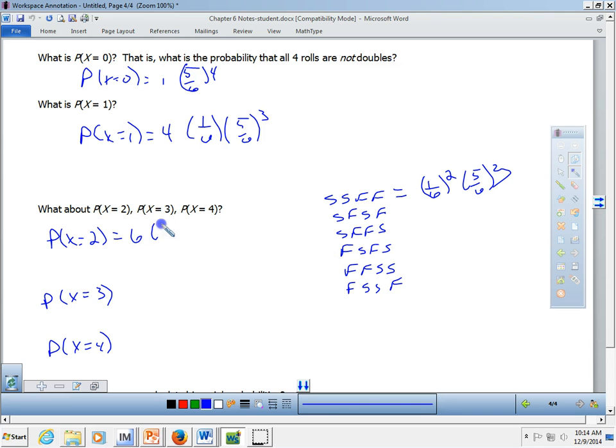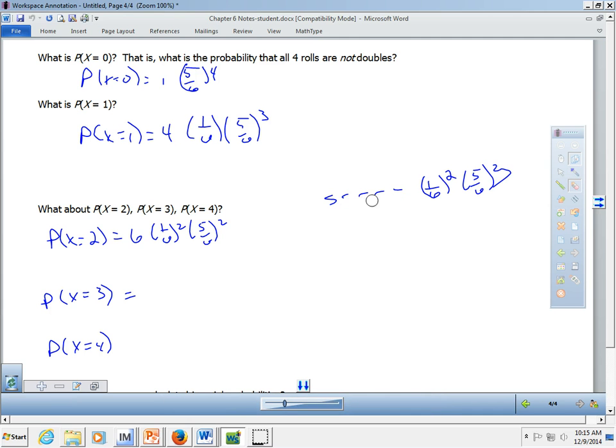So I can take 6 times 1/6 squared times 5/6 squared. And have you seen a pattern yet? Look at your power on 5/6, and then look at your power on 1/6. There should be a bit of a pattern developing here. And then you don't know the pattern yet to this coefficient out front, but we'll talk about that in a second. So that's all the different ways I can get 2 doubles.